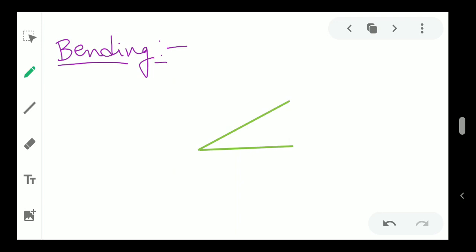Now in this case, if I have the car, the car will be here, going and taking the turn. Let's say theta is the inclination, or the bending angle, of this road.